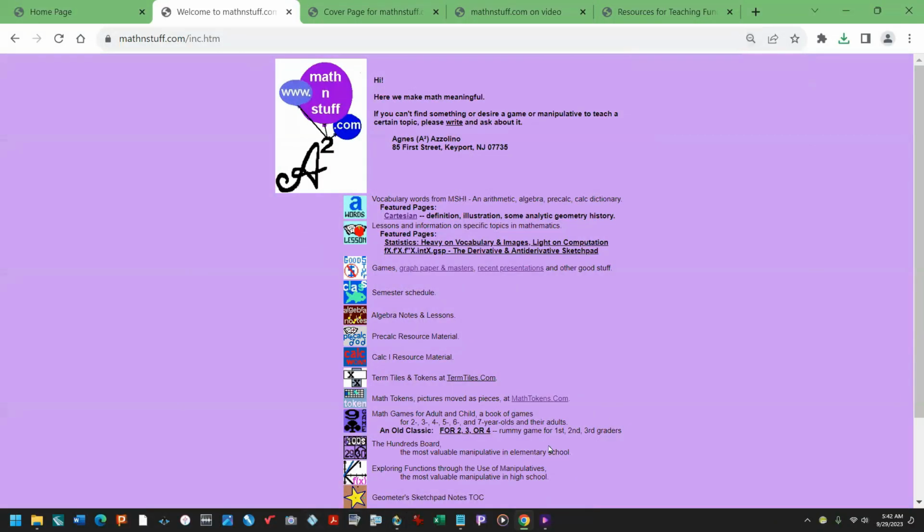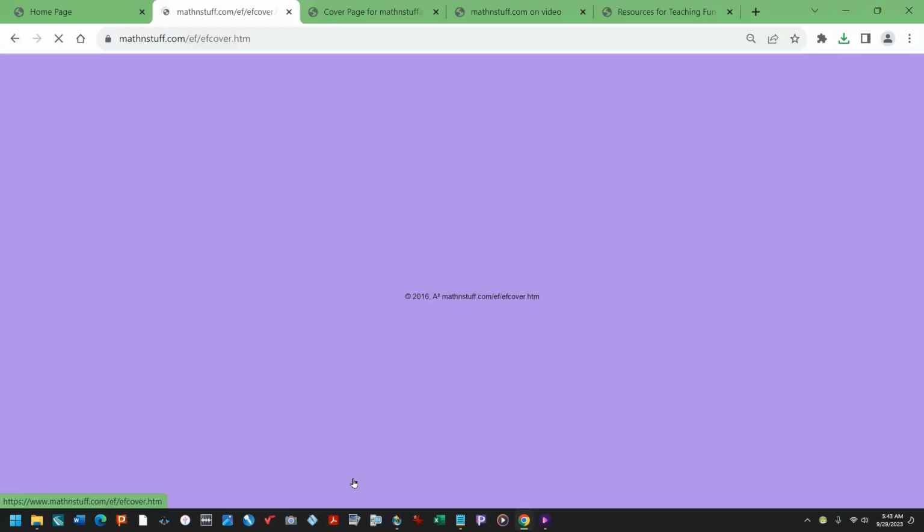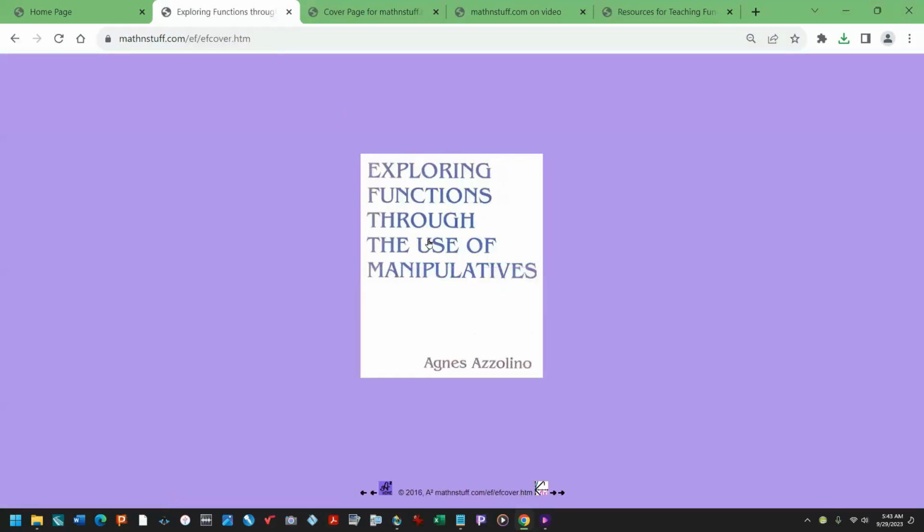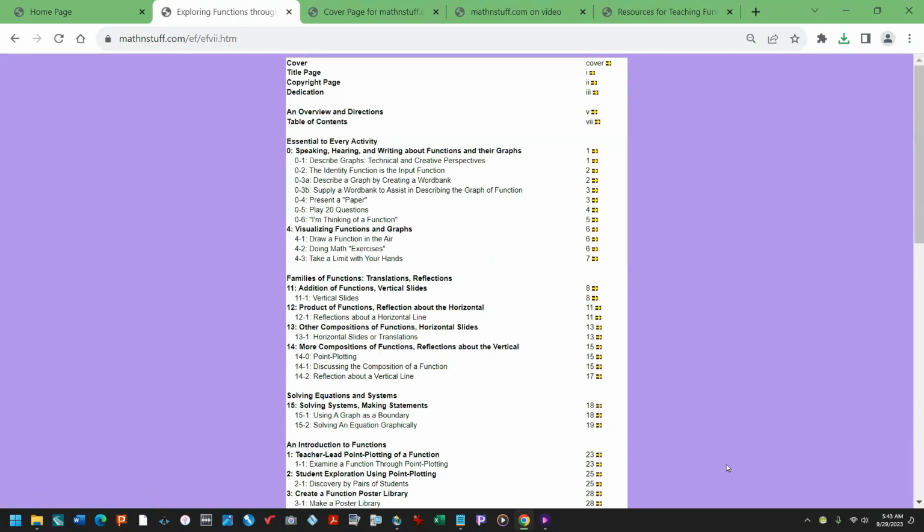Here's the entire book for exploring functions through the use of manipulatives. Just going to take the detour. There's the cover. That's the table of contents.